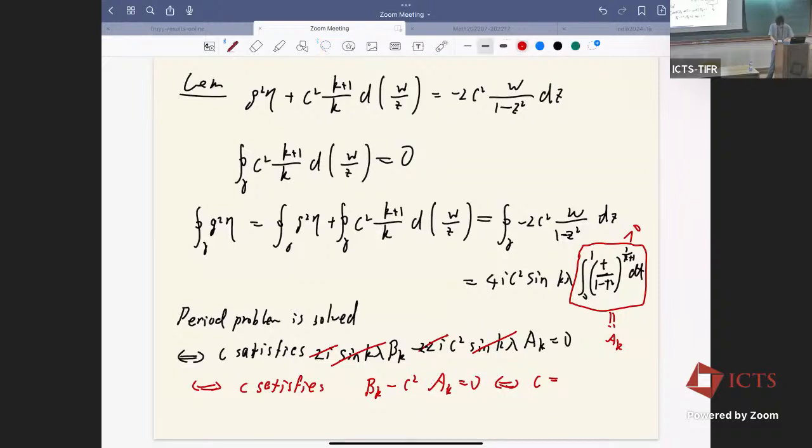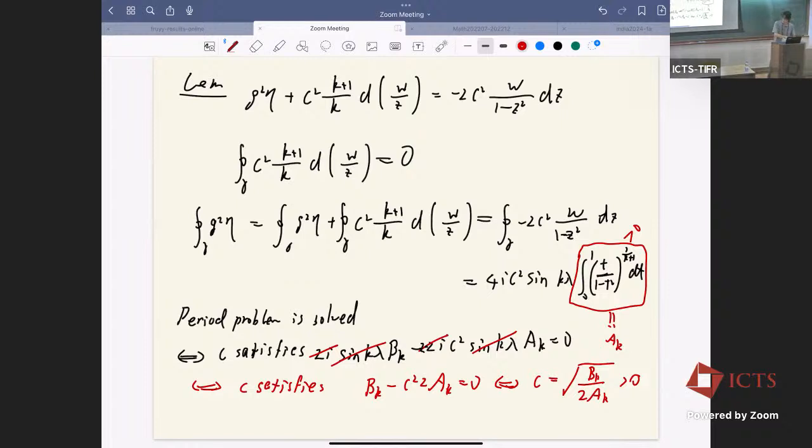Here we have C satisfies square root of 2ak, and this is positive. So if we define C this way, then the surface is well defined on M. So in such a way, we can solve the period problem.